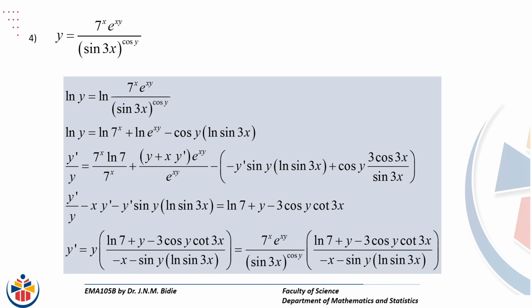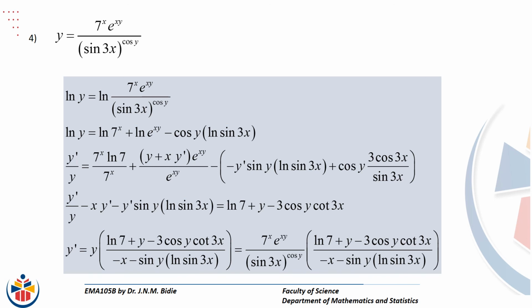I'm hoping you're noticing that we've got ln of 7 to the power x plus ln of e to the power xy minus, and we used the power log rule. So that means we'll have cos y times ln of sine 3x for the third term.